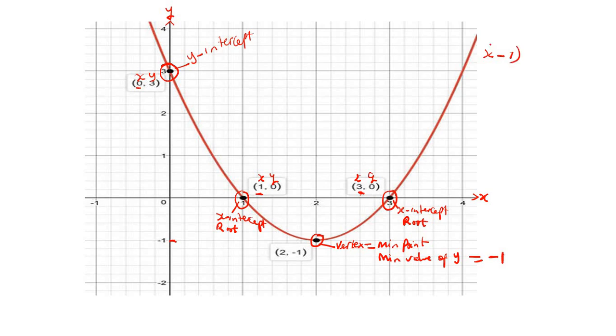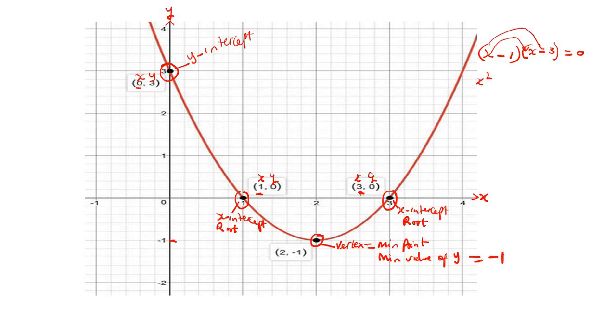We close the brackets, open another one, put x. What's the value of x at the second? It is 3. So it's x minus 3, equals 0.